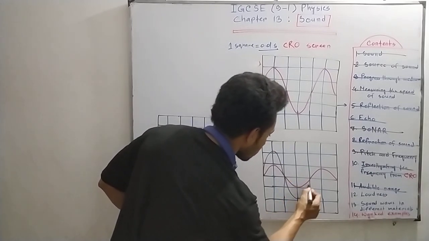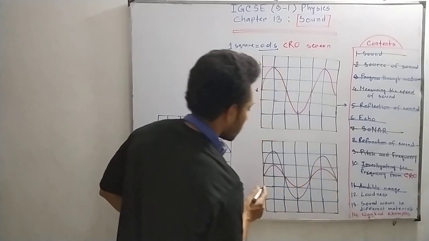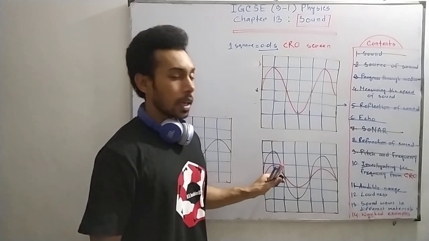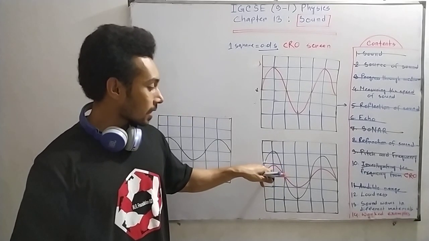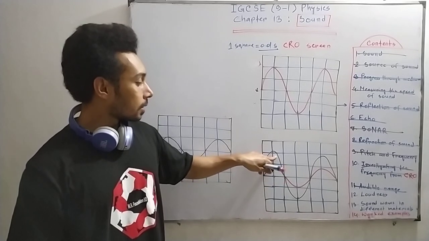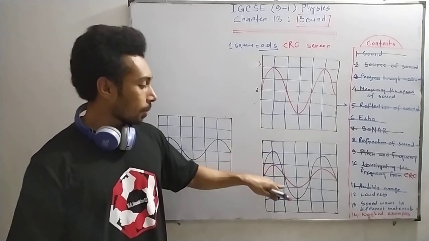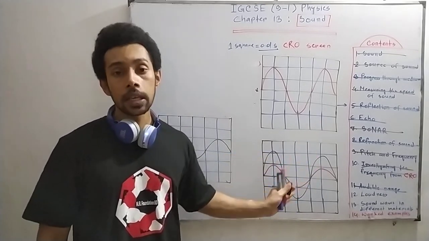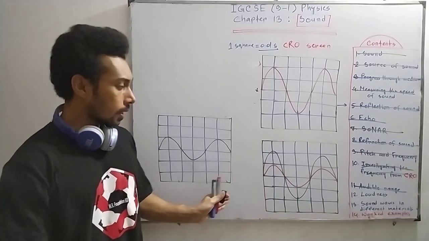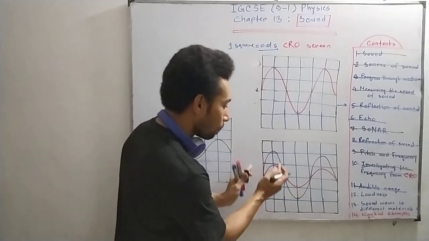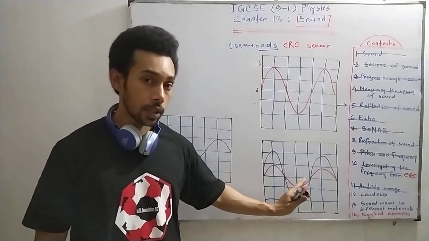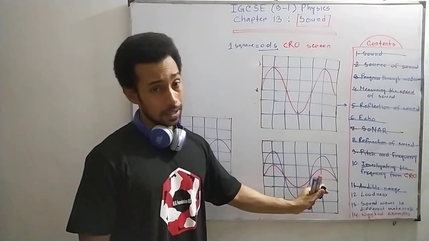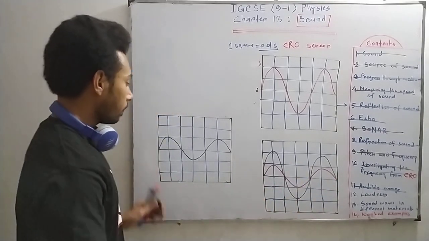Okay. The red one has smaller amplitude, therefore quieter sound, and the black one has larger amplitude, that's why it is louder. But look at the diagram, both the sound waves have the same frequency because the time periods are the same for both the sound waves.